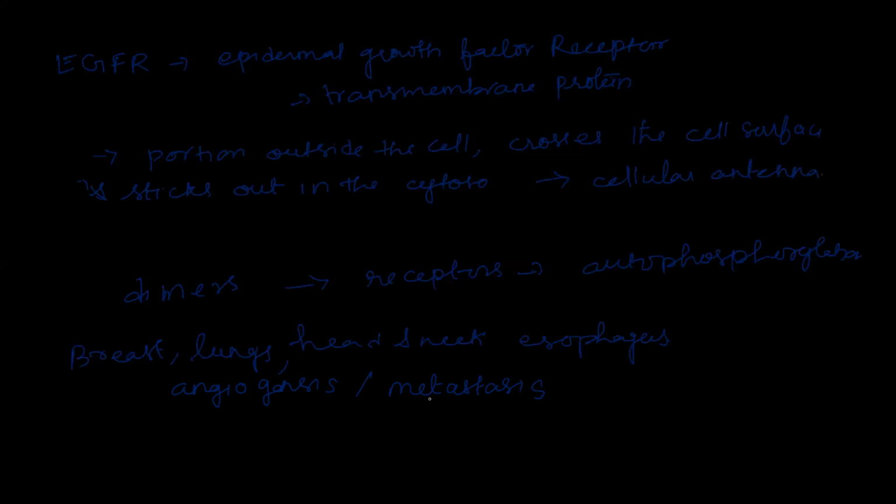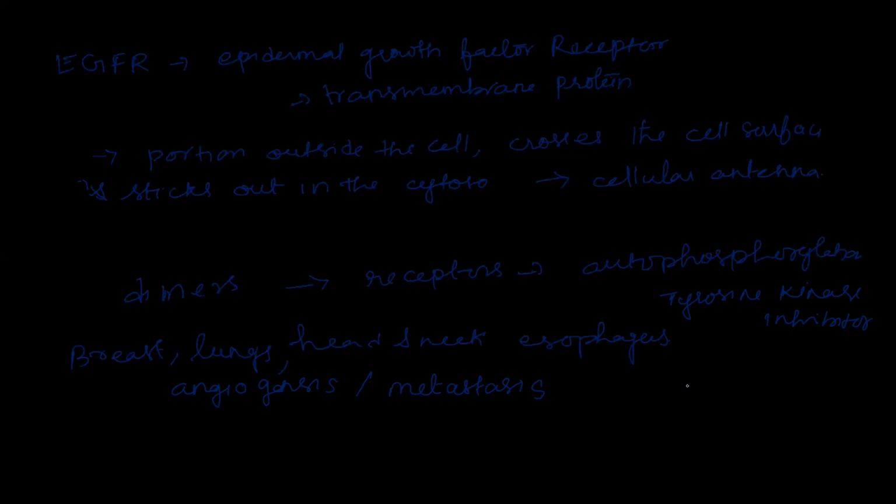Now if you talk about the treatment, it is a monoclonal antibody, a tyrosine kinase inhibitor, that binds to the extracellular portion of the EGFR and prevents the ligands from activating the receptor, because it is the receptor which is actually making the problem here, right?